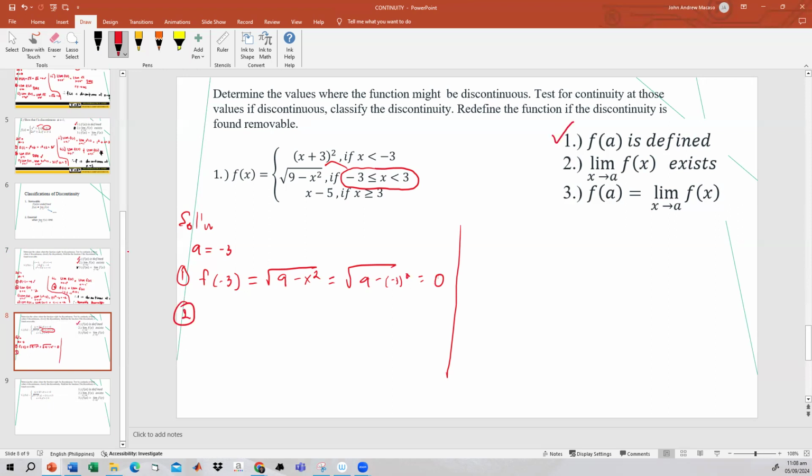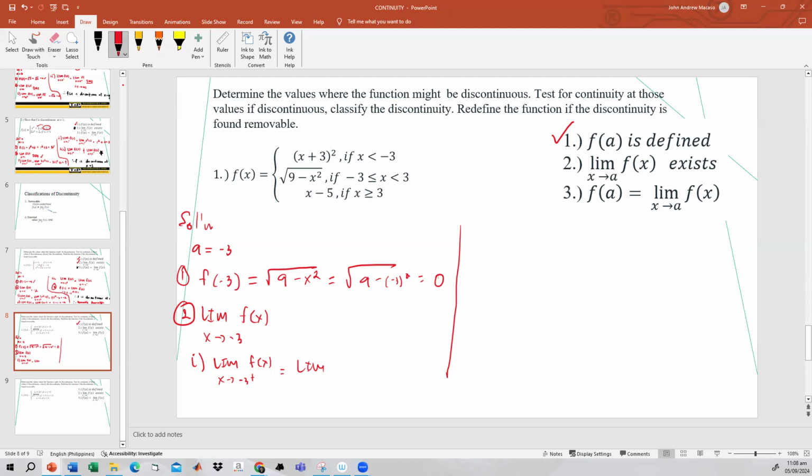So for the second condition, the limit of f of x as x approaches -3 must exist, right? But before we can conclude that, we need to check the right side limit. So the limit of f of x as x approaches -3 from the right, we'll look for the function that will satisfy the given right side limit.